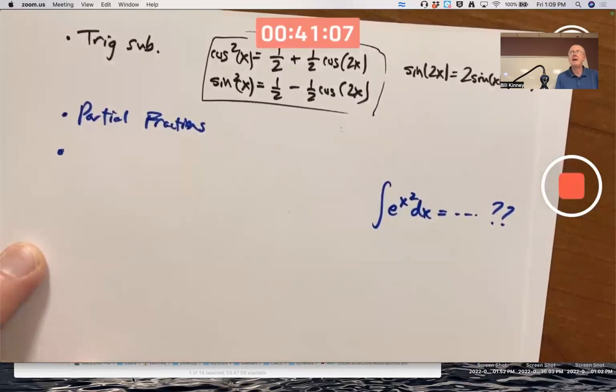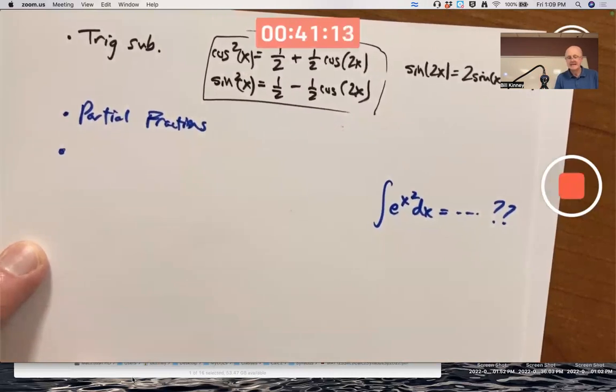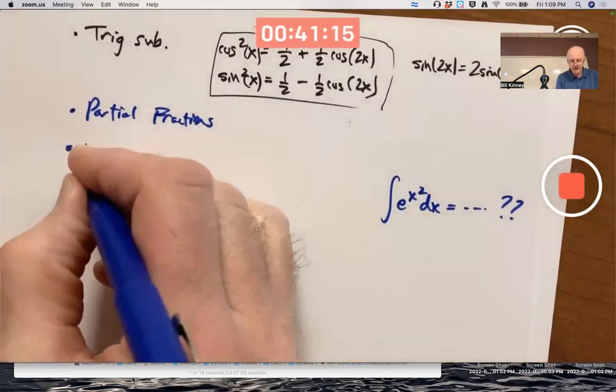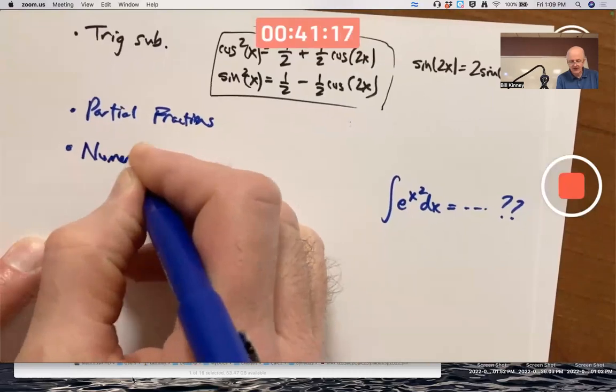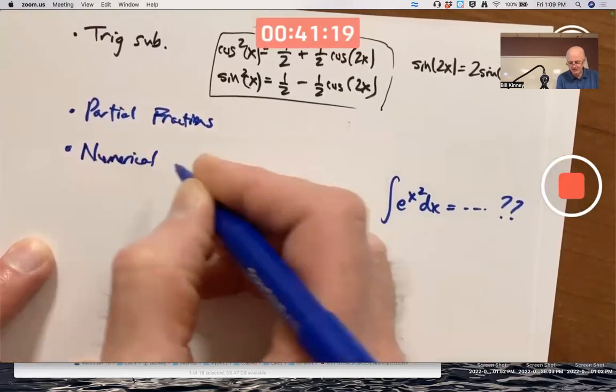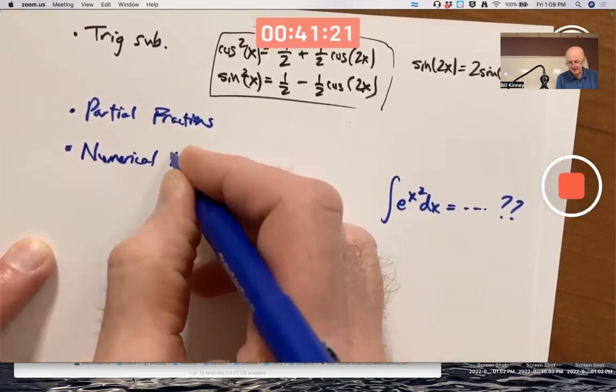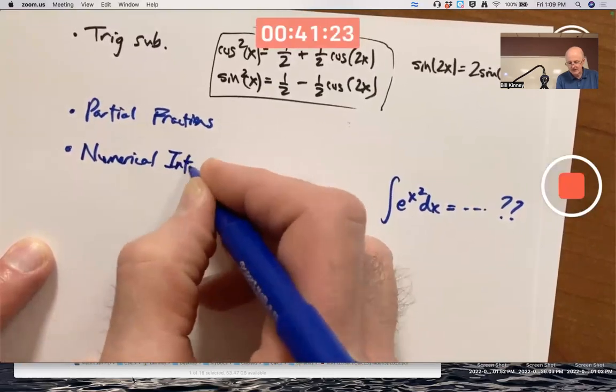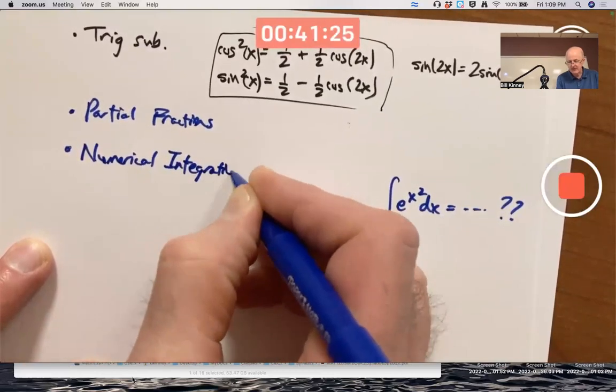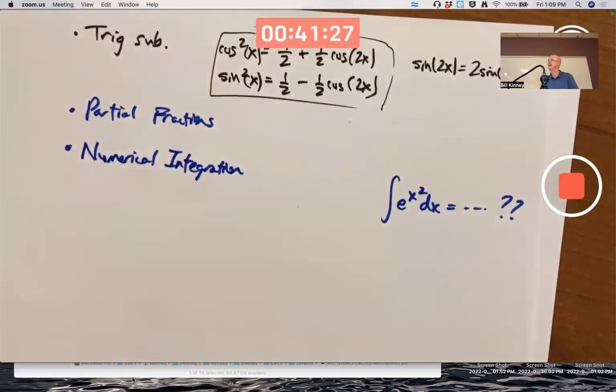So the point is, when you're doing definite integrals in such situations, which, for example, comes up with a normal distribution and probability, you've got to use numerical integration, because the fundamental theorem of calculus is just not helpful. Numerical integration. You've got to approximate the integral, not find it exactly.